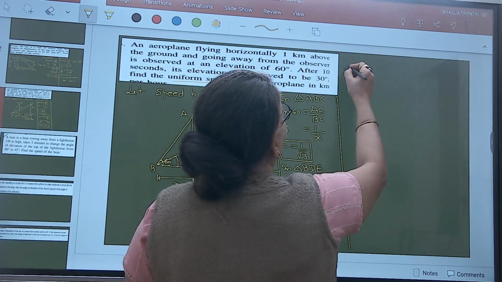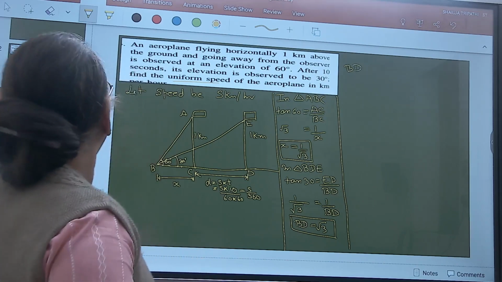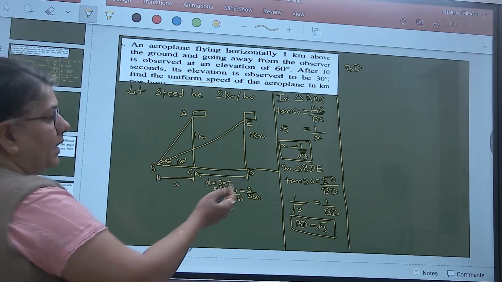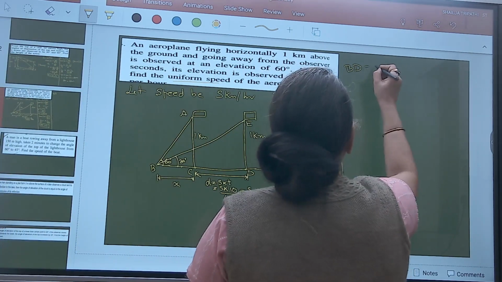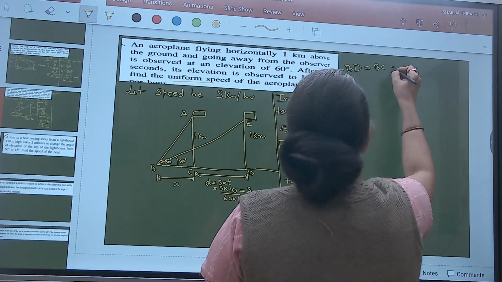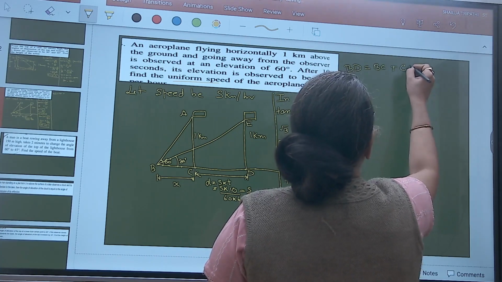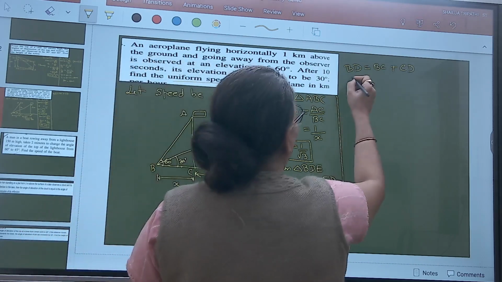See, BD is written as BC plus CD. So BD is written as BC plus CD. And BD is root 3. We'll put the values.